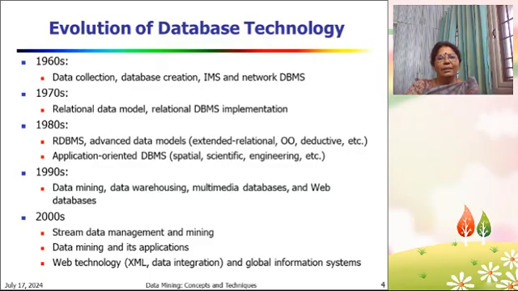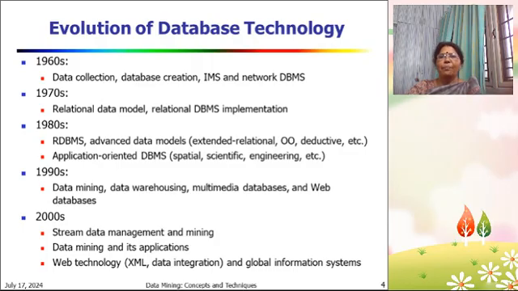In 2000, stream data management came, and then we explored data mining and its applications. So database technology started in the 1960s with simple database models, and now it has evolved to an advanced and robust technology, that is data warehousing.